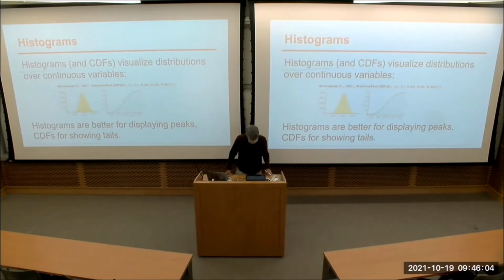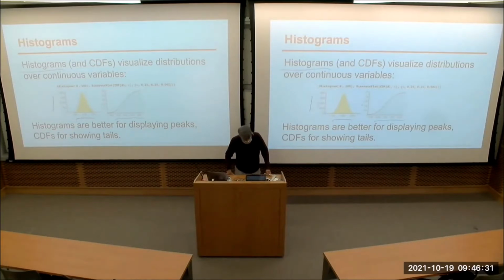A histogram is a way of showing the probability distribution of a random variable, or one kind of feature. The x-axis is the value, the y-axis is the frequency. You can represent any kind of distribution like that by using either a histogram or a cumulative distribution.